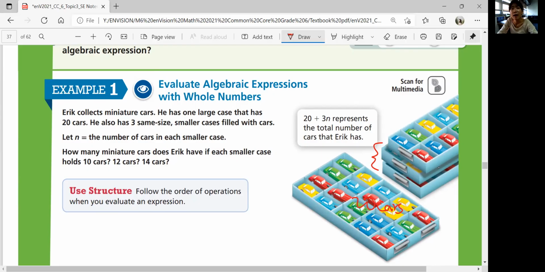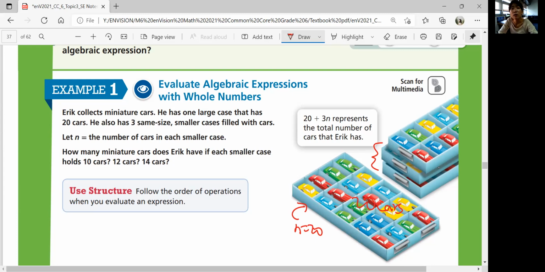We're going to let n be the number of cars in each smaller case. How many miniature cars does Eric have if each smaller case holds 10 cars, 12 cars, or 14 cars?